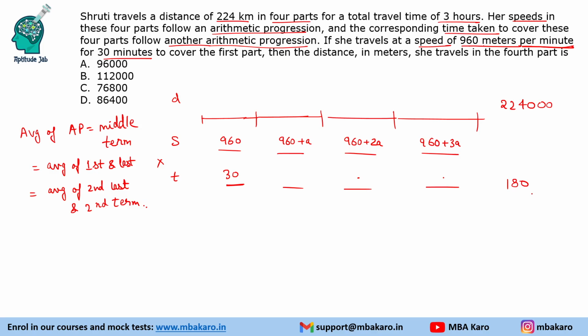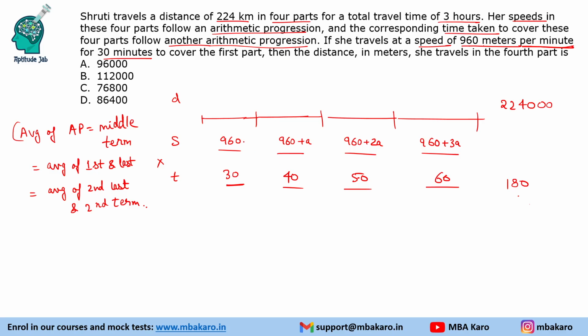Now the average turns out to be 45, because there are four values. 45 is the average, that means this is 60. So instead of making equations, if you think numerically and understand this concept of the average of an AP, it will be faster for you than writing equations every time. This is how you solve faster.